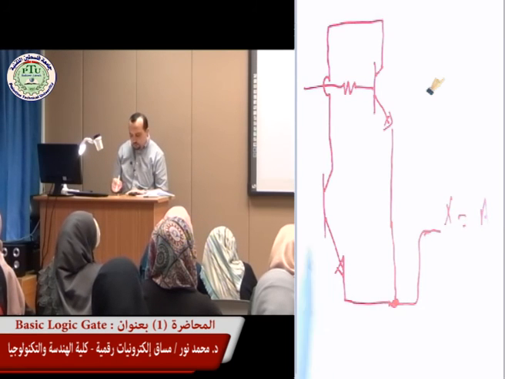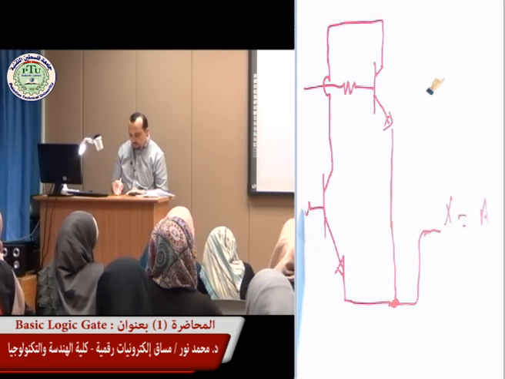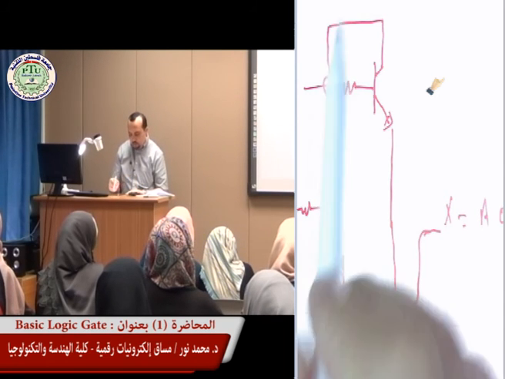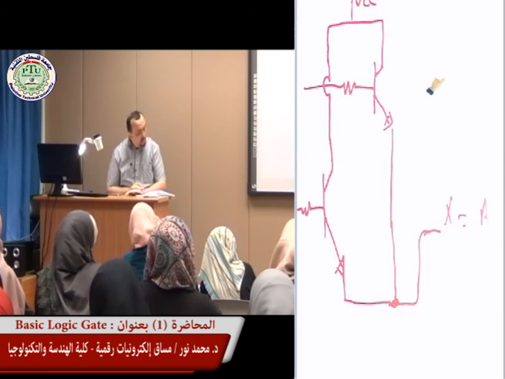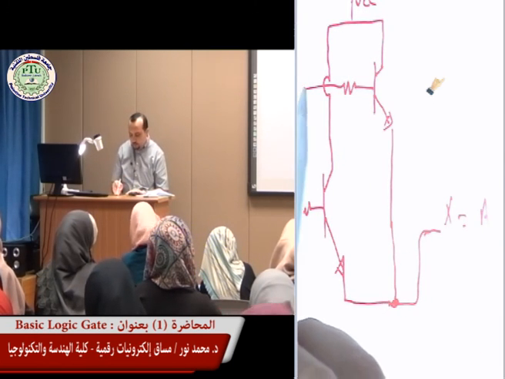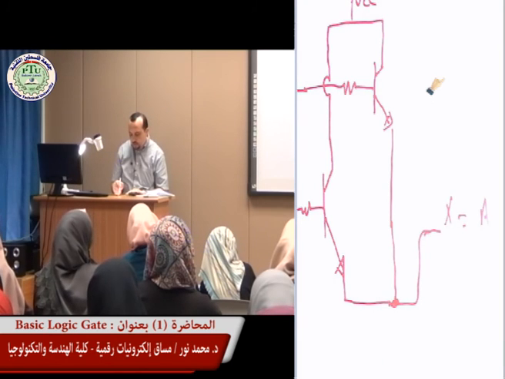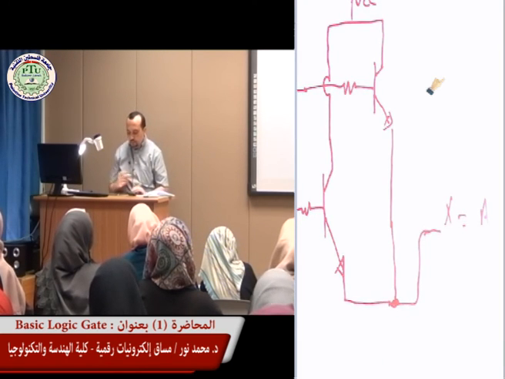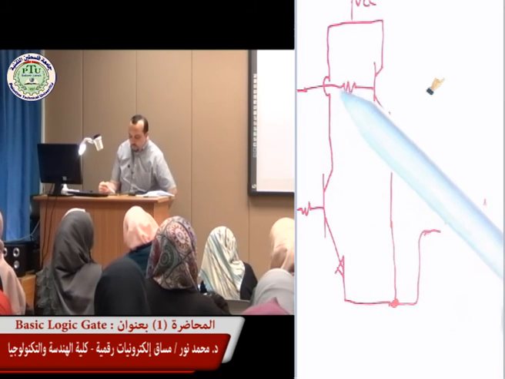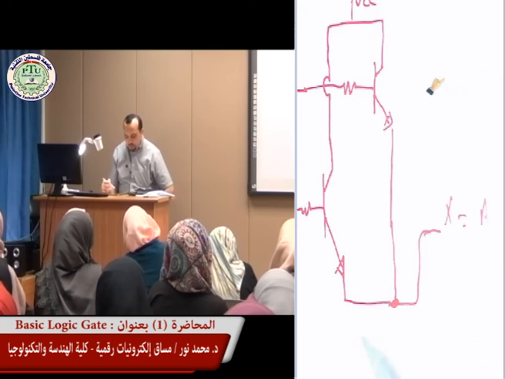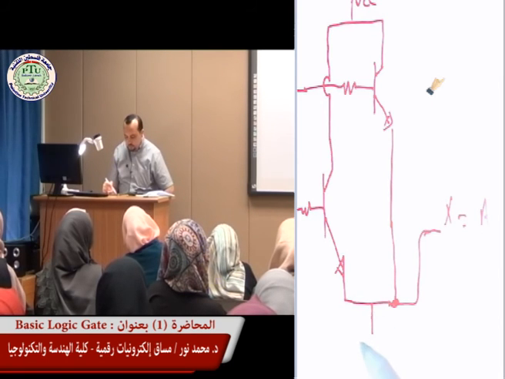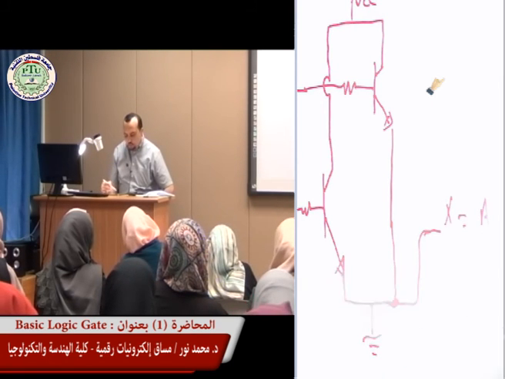Okay, to perfect it, we have to have another resistor here, and here is the VCC. So we have A and B. Now if the top one is 0, definitely nothing happens, it will be shunted to the ground, and the bottom one the same thing.